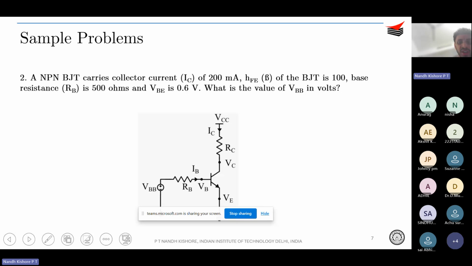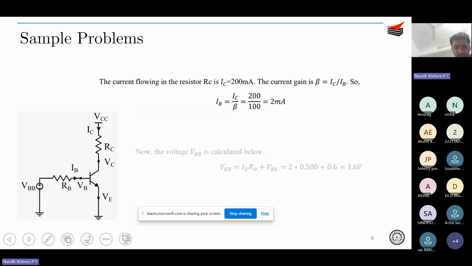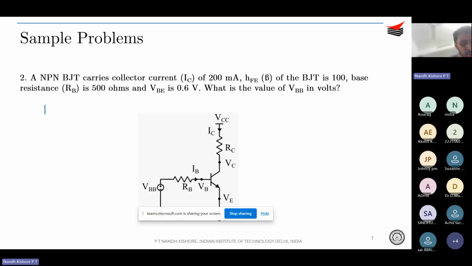So what is given over here? IC is 200 milliamps and beta is 100. RB is 500 ohms and VBE drop is actually 0.6 volt.